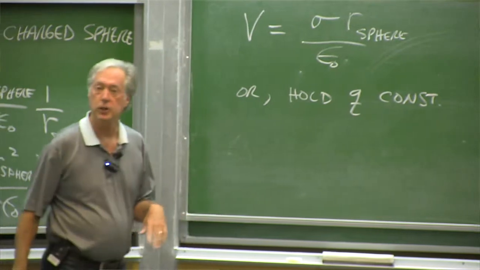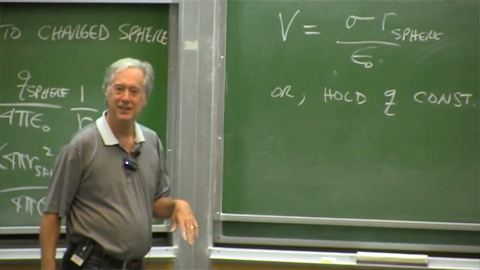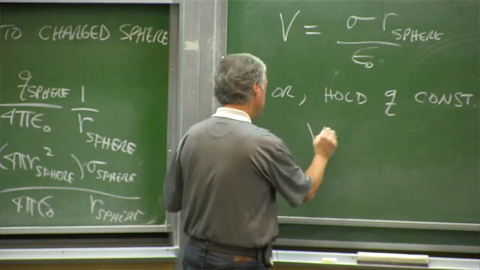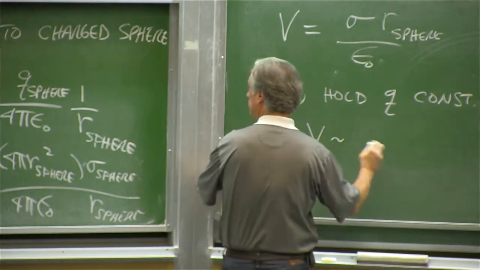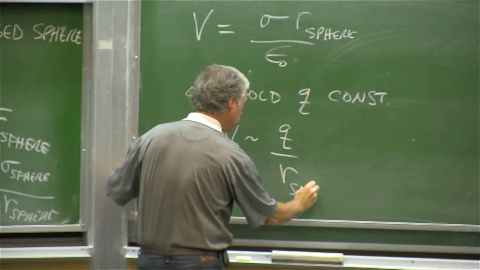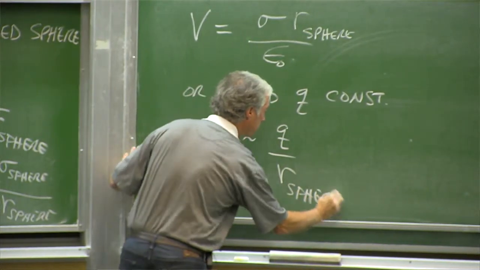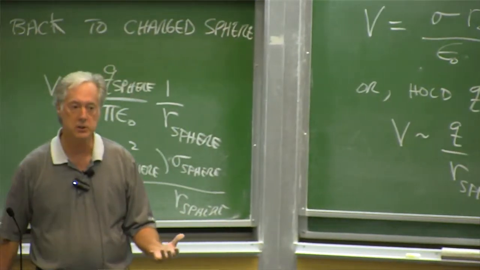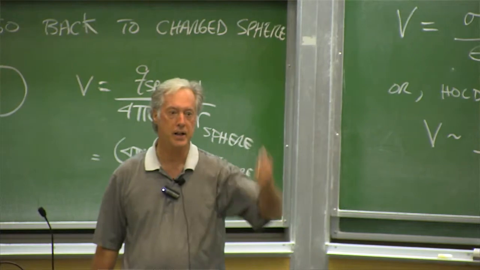Then what happens to sigma? Then sigma goes way up, right? Hold Q constant, then the voltage goes as Q over r sphere. And if we make the sphere radius smaller, what happens to the voltage? It goes way up.